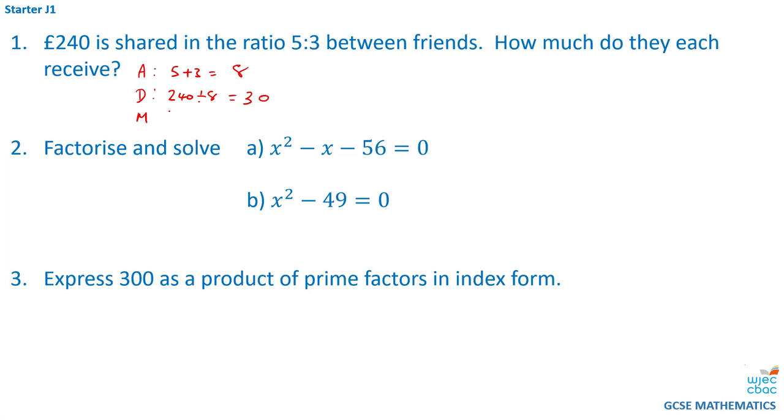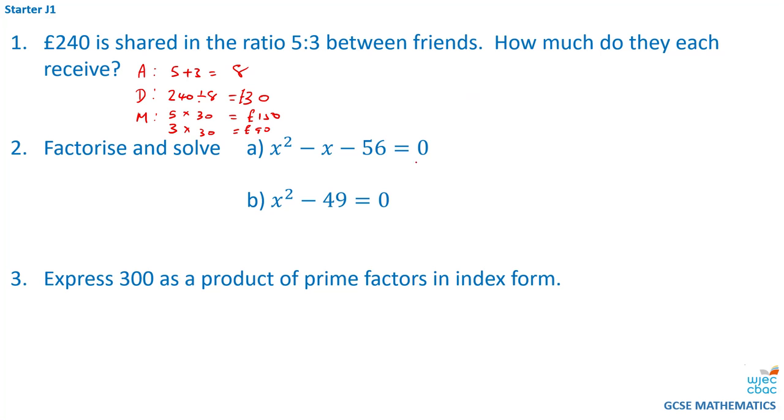Now the shares are divided into a ratio of 5 to 3, 5 shares and then 3 shares, so we multiply by the amount per share. That gives us £150 to £90. Okay, I like using the 3 steps, add, divide, multiply, when I'm sharing a given ratio.